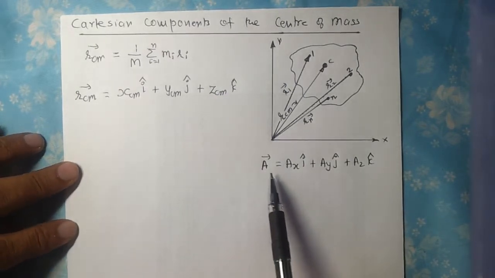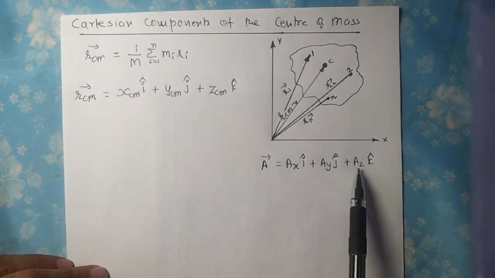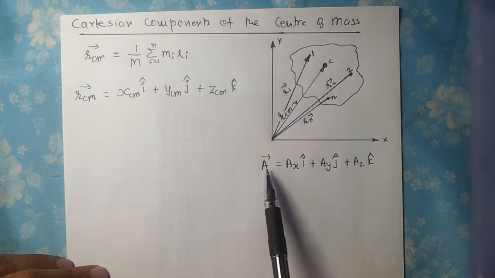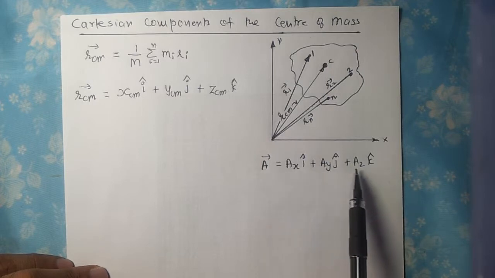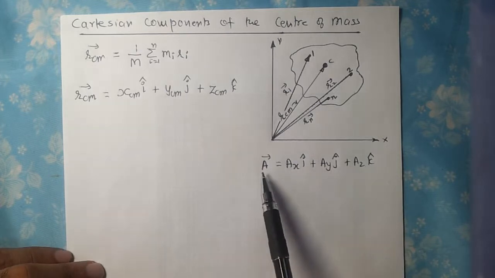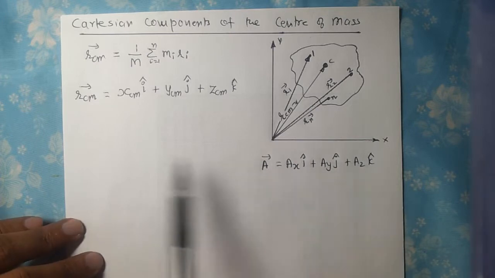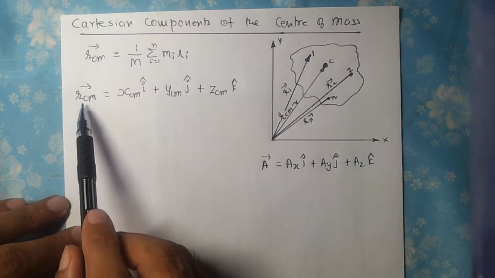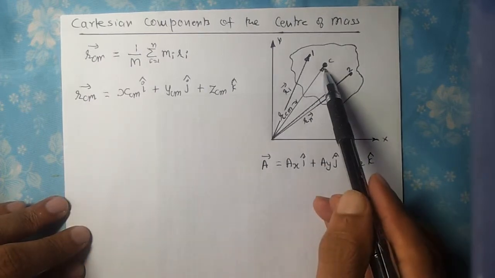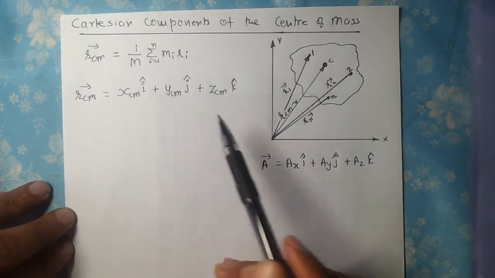Just for reference, I have written over here, if there is a vector A, it can be represented by Ax i, Ay j, Az k. These are the components of vector A on the x-axis, y-axis and z-axis, and these are the orthogonal unit vectors. So it is possible to represent any vector in this particular way. And we are doing the same thing over here. RCM, which is the position vector for center of mass, has been represented in the form of its orthogonal unit vectors.